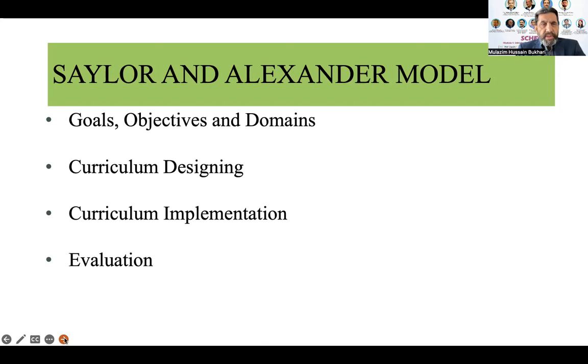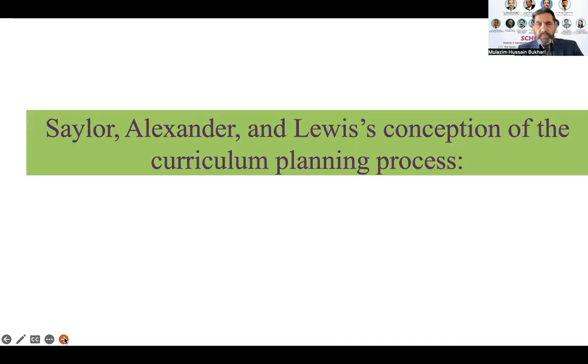And after designing, then how you will implement in first year, block 1, block 2, block 3, second year, third year, fourth year, final year clerkship. And also each design, how you will evaluate: formative, diagnostic, and summative.